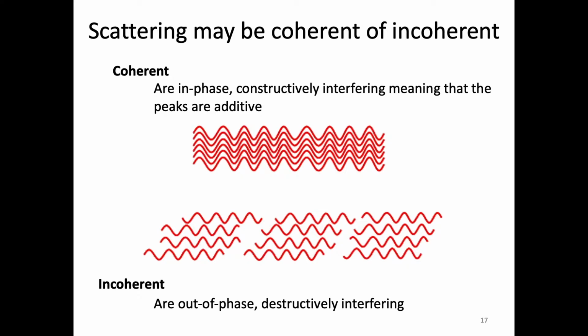Coherent is when we have these visible waves that are in phase. That means that the peak and the valley of that sine wave match up with the peak and the valley of other waves, and so they're in phase. When we look at something that exhibits this coherent, in-phase constructive interference, it means that the peaks add.